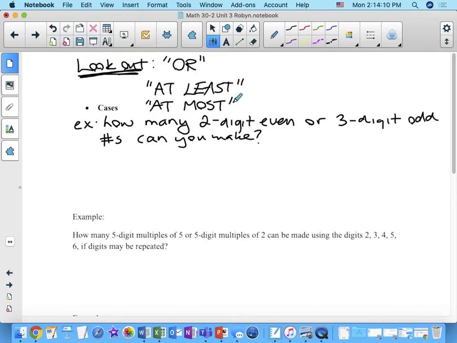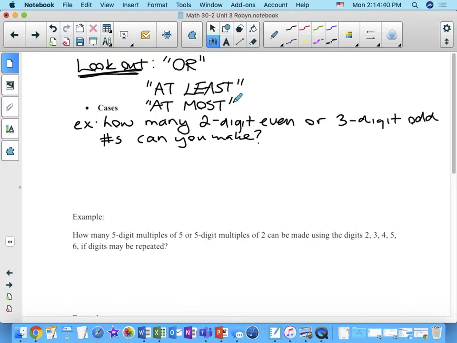What could I have? 0, yeah, sure, I could have it plain. I could have 0 or 1 or 2. Exactly. Okay, so these are the 3 things that you want to look out for that tell you that this is a case scenario. Okay, or is usually the one that's the most obvious. But if you see these, you need to highlight them because these are the ones that usually get missed.